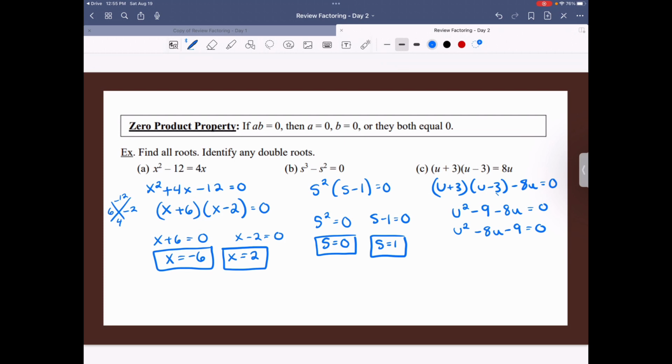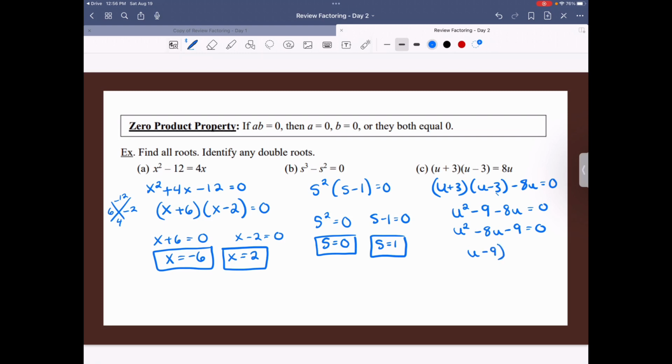I'm going to rewrite that in standard form. Can we factor this? Yes. What are the factors of negative 9 that add up to negative 8?